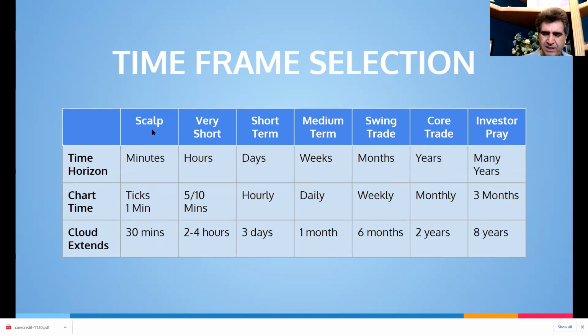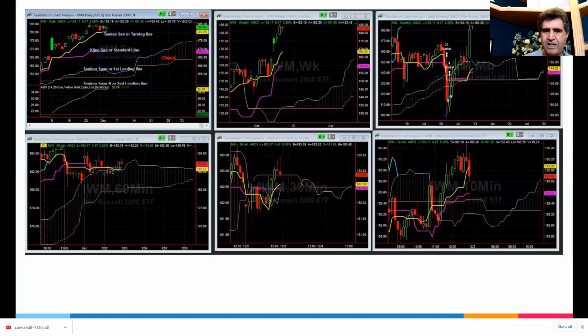I hope this is clear, and I think it might be helpful when I share a chart that I have. So this is from my TradeStation. When I have my Ichimoku set up, basically I have it set up for monthly, weekly, daily, then 60 minutes, 30 minutes, and 10 minutes.